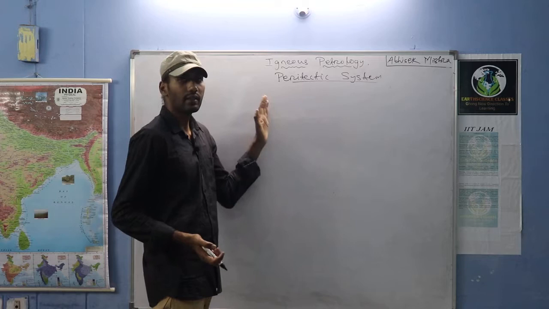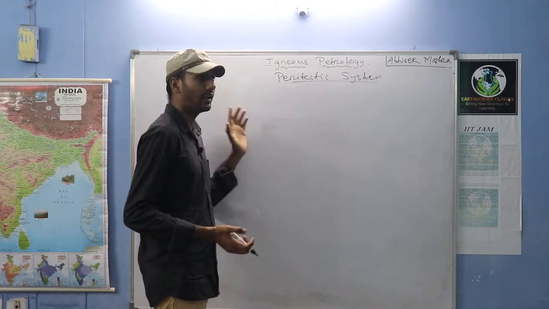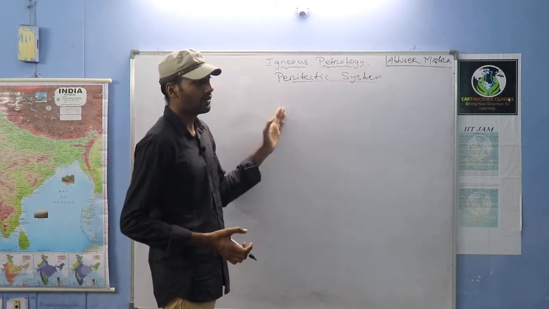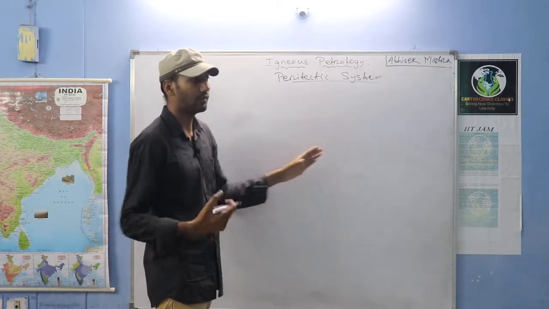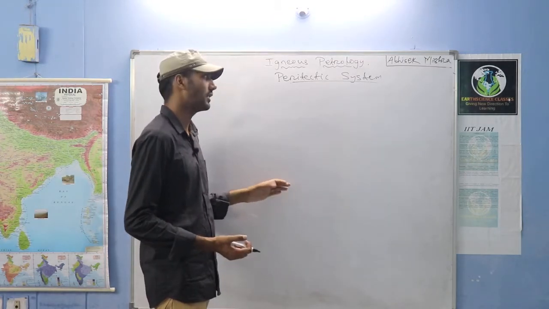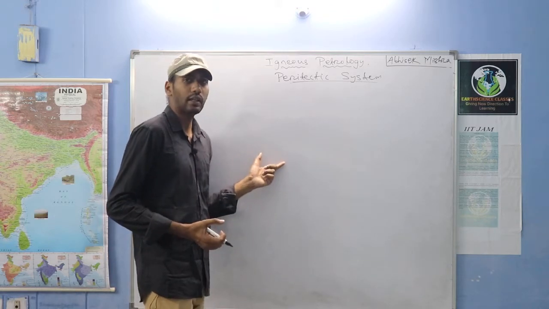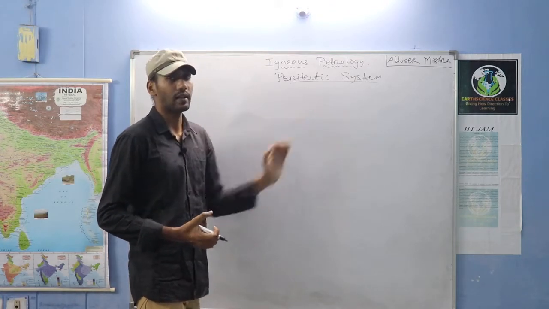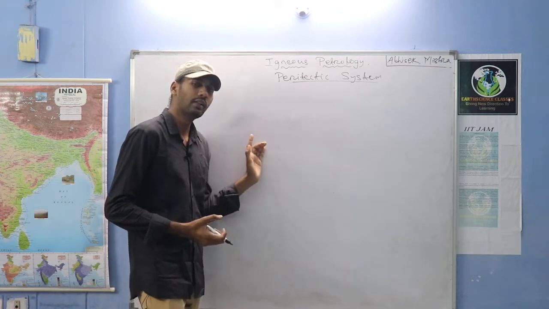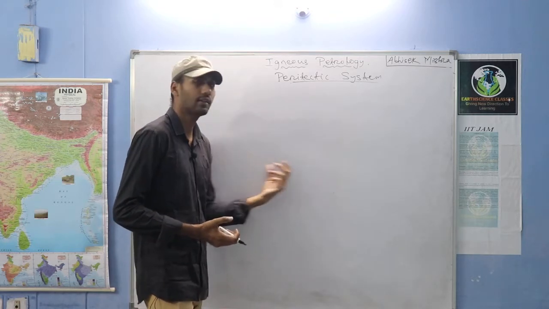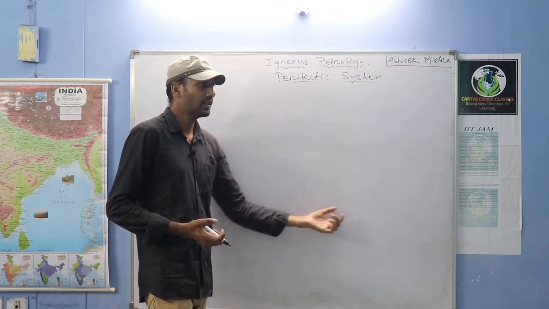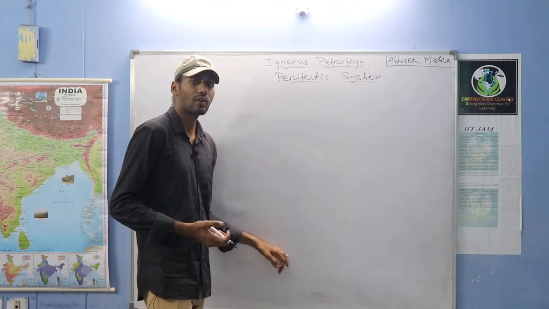But in the peritectic system, we are naming it an incongruent system or incongruent melting. Whenever we are considering the melting process, it is incongruent melting, and if we are considering crystallization, then we name it incongruent crystallization. Why is it incongruent? Because we have taken some initial composition and the final composition will be different.